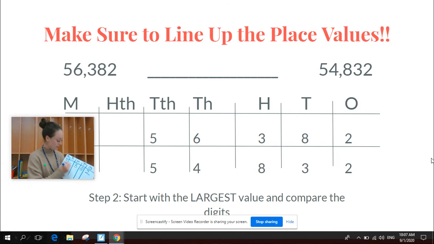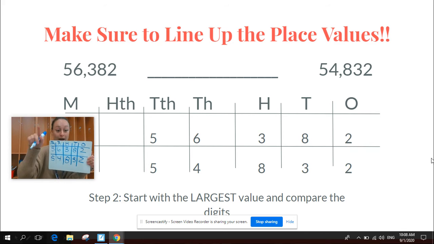And then I'm comparing it to 54,832. And if you notice when I'm writing this out, I'm also going right back to my numbers. Every time I write a new number, I go back because I don't want to write the wrong number.